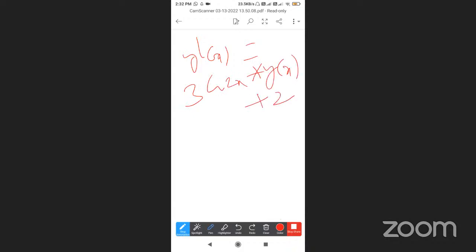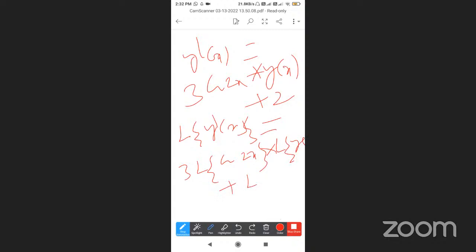Apply Laplace transform on both sides. The Laplace transform of y dash of x on the left-hand side; on the right-hand side, 3 times the Laplace transform of cos 2x times the Laplace transform of y of x, plus 2 is a constant, the Laplace transform of 1.